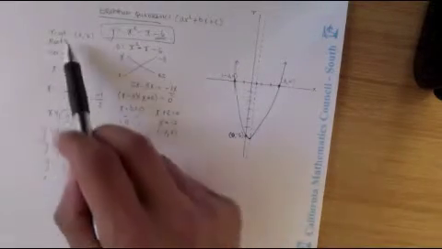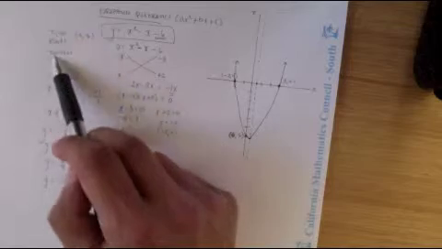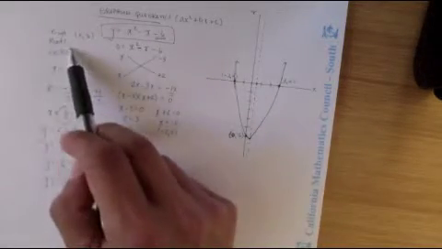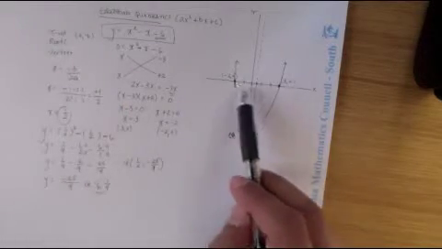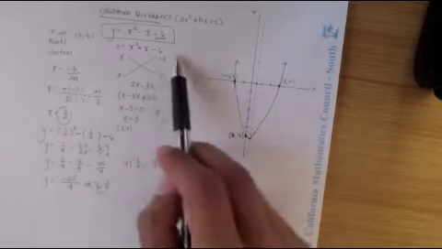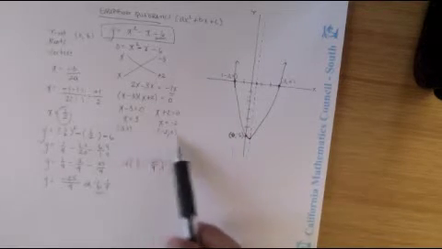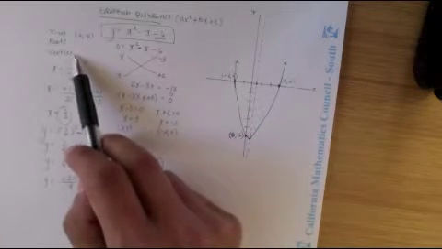But remember, YRV, yummy red vines. The y-intercept is the number by itself. The roots are just the x-intercepts, and to figure that out, we try to factor and then set them equal to 0. The last thing is the vertex.